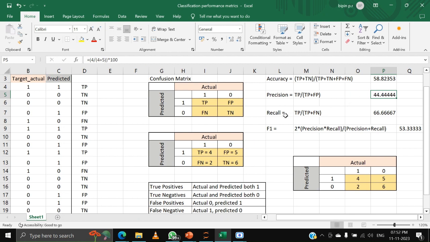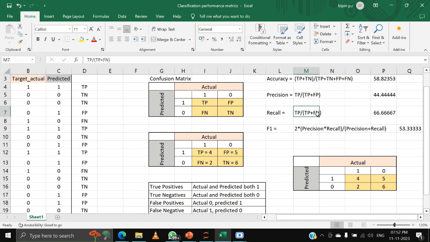Now, recall. What is the difference between precision and recall? Precision means out of the positively classified, how many are true positives. But recall means how many are truly positive out of the actually positive. Actually positive means true positive is actually positive, and false negative also is actually positive, but it is falsely predicted as negative.